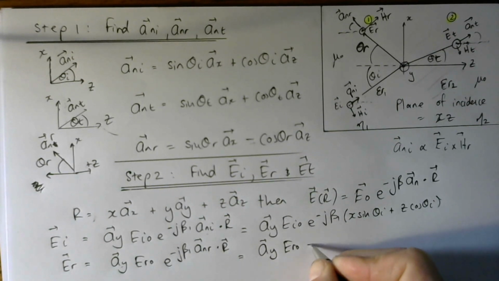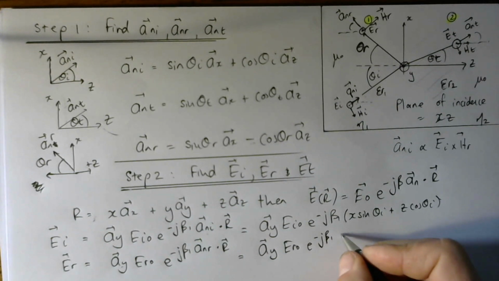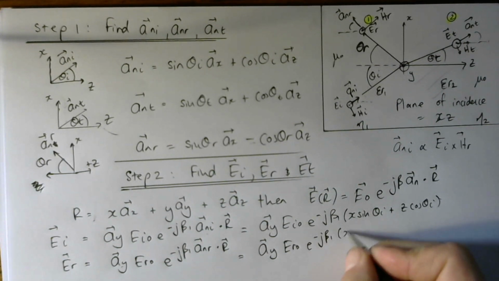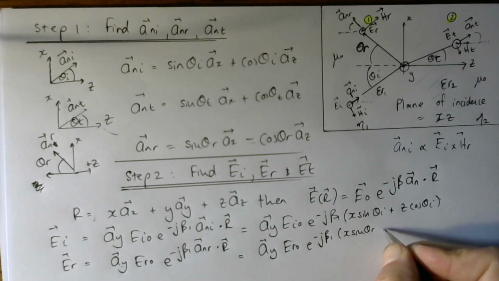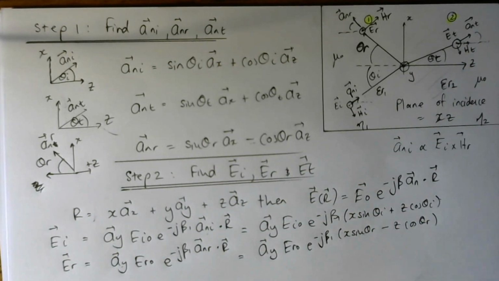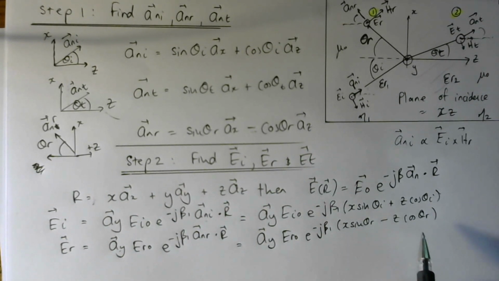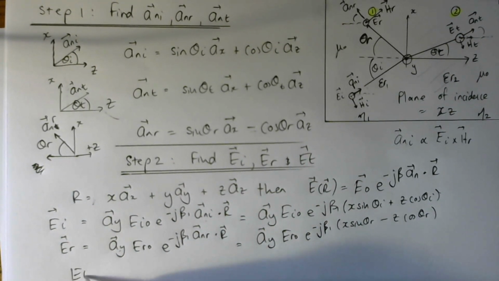E_R0 e to the minus j beta 1 x sine theta r minus z cos theta r. Okay. And obviously the transmitted field works exactly the same.